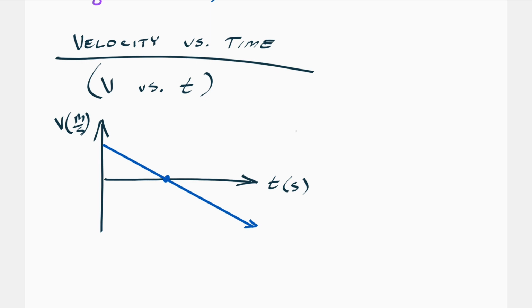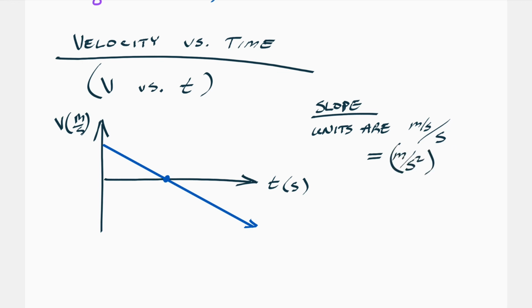So let's just start right away with the units of the slope. Okay, so for slope, we're going to have units of meters per second, your vertical units, divided by your horizontal units, seconds. So in other words, meters per second squared. And these are units of acceleration.